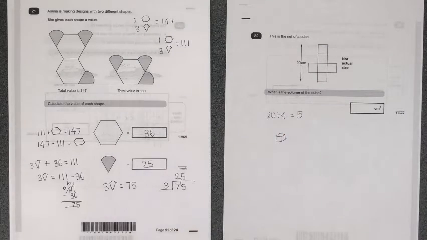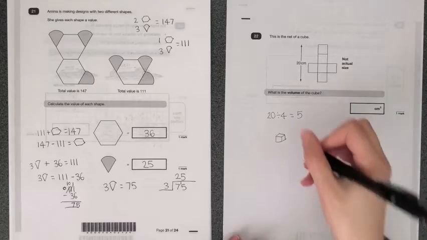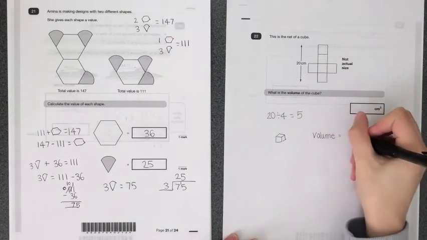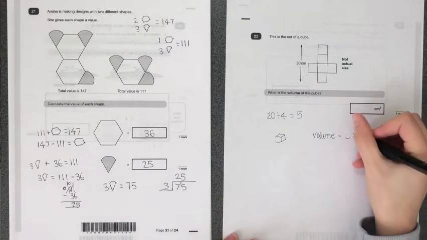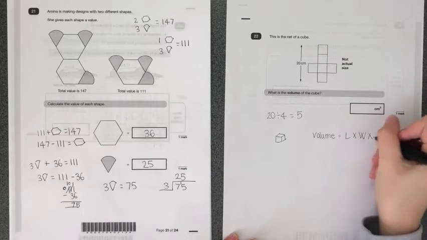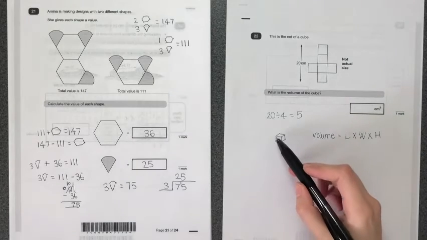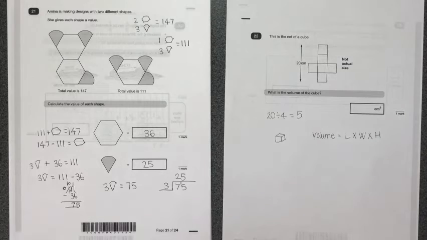To work out the volume, we do the length times the width times the height. And we know that a cube, which is made up of multiple squares, each of the sides or the edges have the same value.